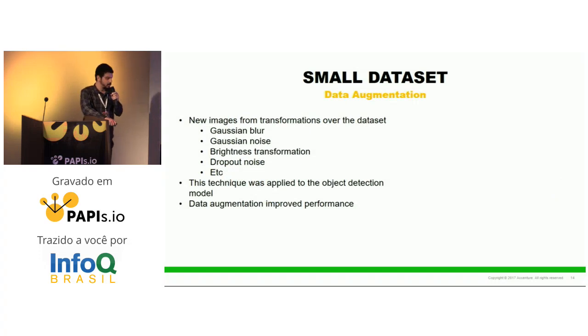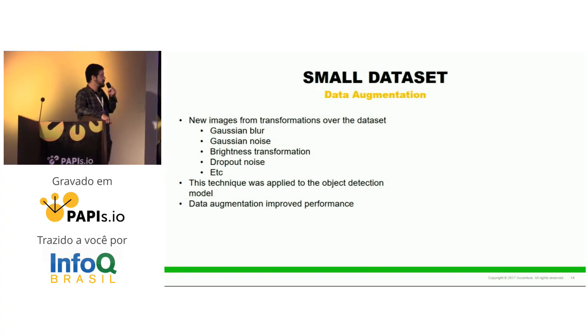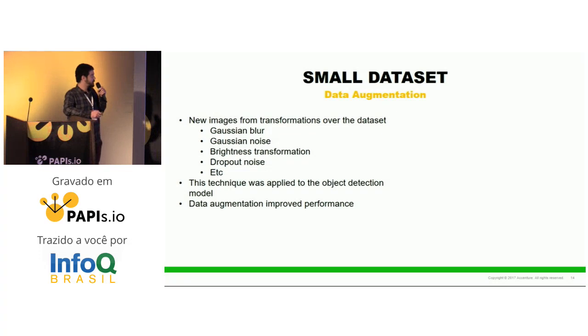So for the first module, the object detection module, we used some usual data transformations. We applied Gaussian blur, Gaussian noise, brightness transformation, dropout noise, and others. These techniques were applied to the object detection model, the first one. So data augmentation improved the performance.